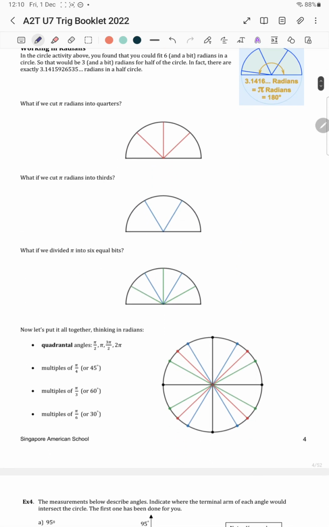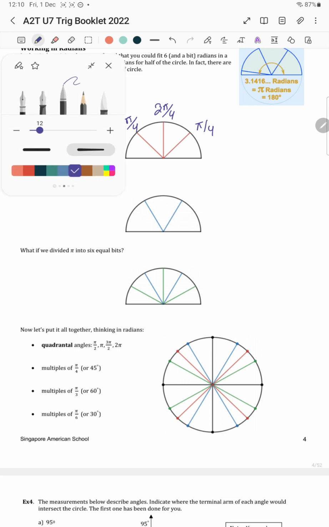Working in radians, what if we cut pi radians into quarters? Pi radians into quarters means we will get pi by 4, 2 pi by 4, 3 pi by 4, 4 pi by 4.